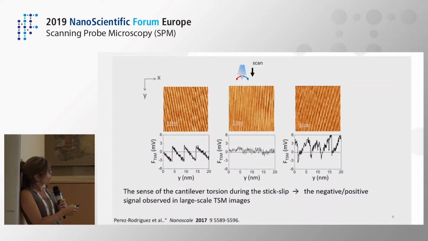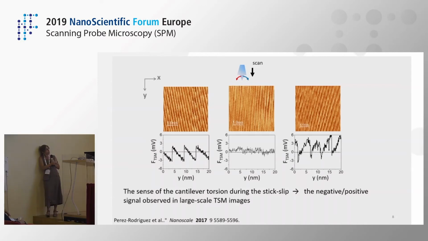When the molecular rows are parallel to the cantilever axis, which is the scanning direction, you can see that the signal almost vanishes, while when we scan in this domain, the stick slip tooth shape is positive, related to the torsion of the cantilever when scanning in this direction, in this domain, while in this mirror-like domain, the stick slip signal is reverse and negative.